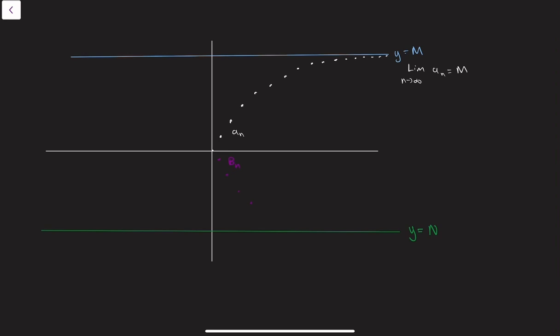Well, it's going to need to decrease forever, but it's also bounded at the bottom. So it'll just approach this value forever. It needs to keep decreasing, getting closer, but never touch y is equal to n. So then we could say the limit as n approaches infinity of b of n is just going to equal n. And that's basically what the monotonic sequence theorem tells us.